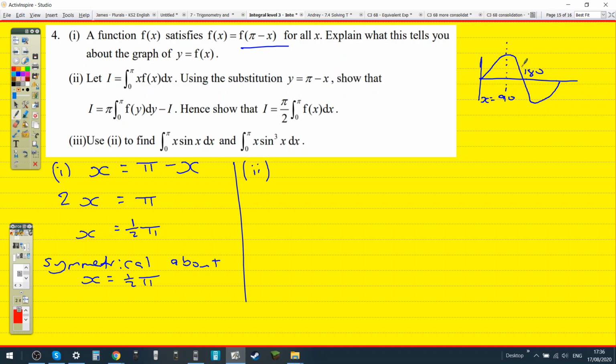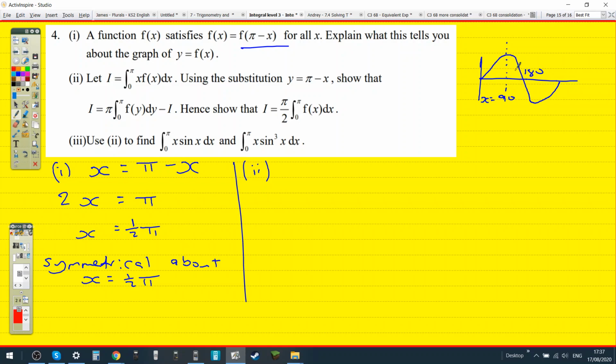It's like the sine graph, how the graph behaves between 0 and 180. Let me see. If it satisfies all of those values, then it must be symmetrical about halfway from 0 to pi.